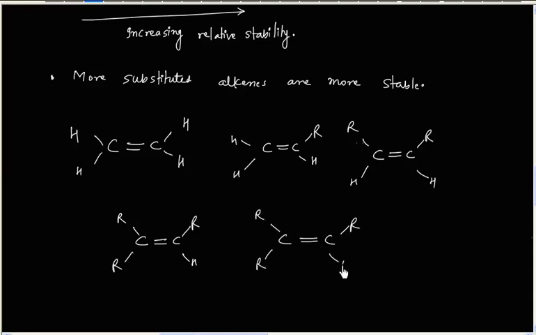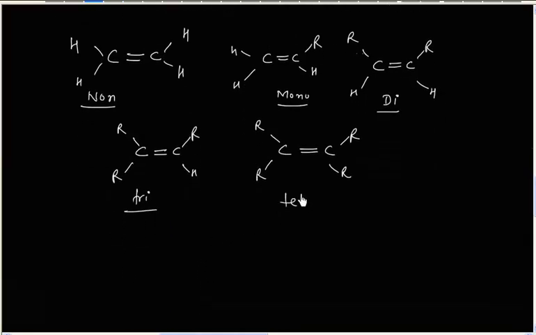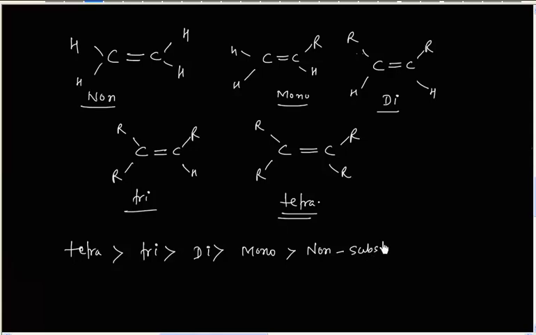So tetrasubstituted will be most stable, and then we will have trisubstituted, then disubstituted, monosubstituted, and non-substituted alkene will be the least stable. So this is the relative stability.